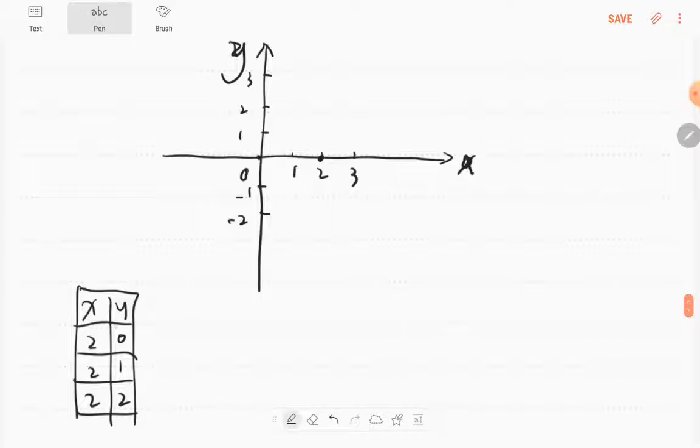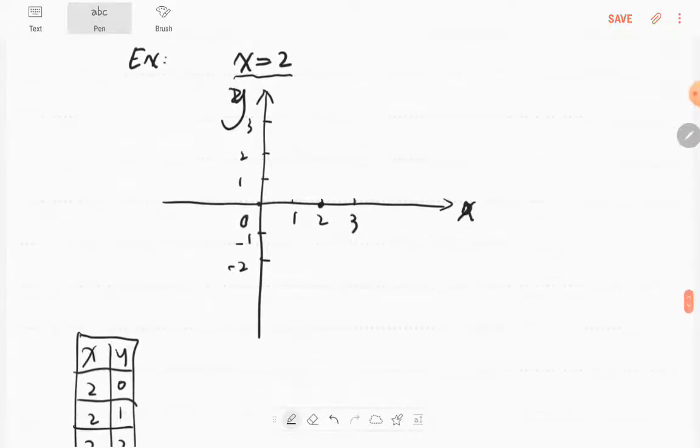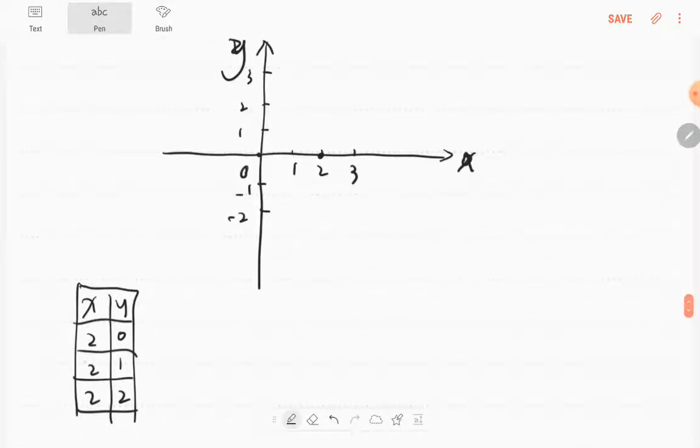And this one is right on the x-axis, so this is also our x-intercept. So for a vertical line, we are sure to get an x-intercept, but no y-intercept.